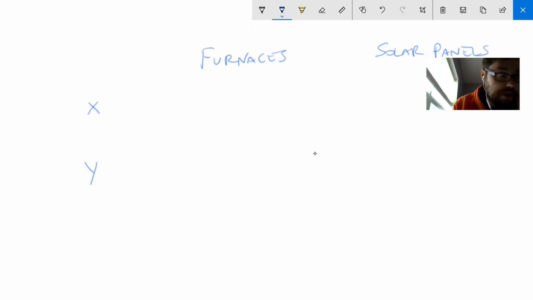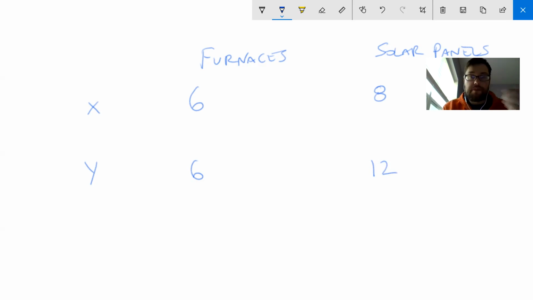First off, I'm going to fill out my chart here with the possible output combinations. At most, country X could produce 6 furnaces and 8 solar panels. And for country Y, it was also 6, and 12 solar panels.